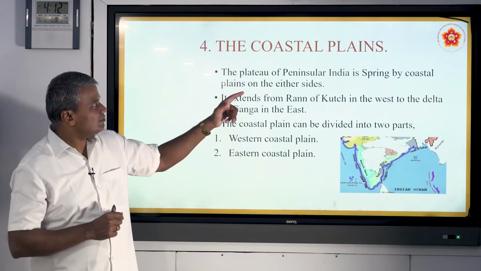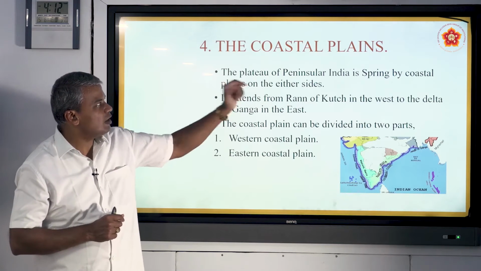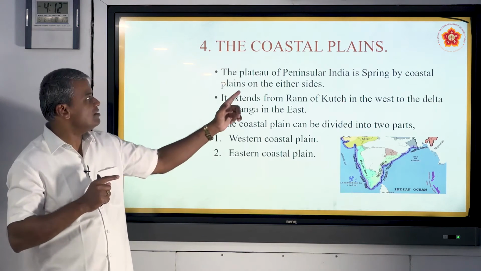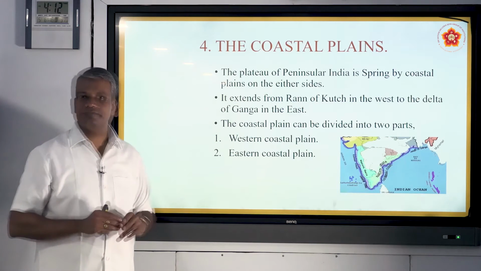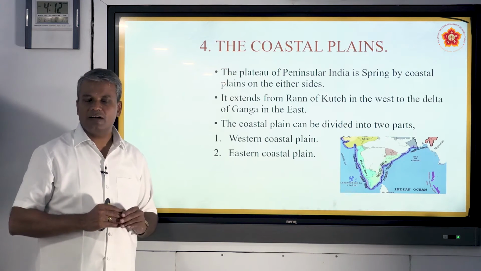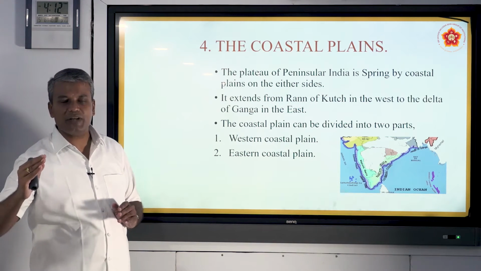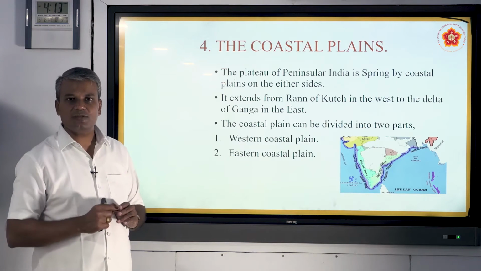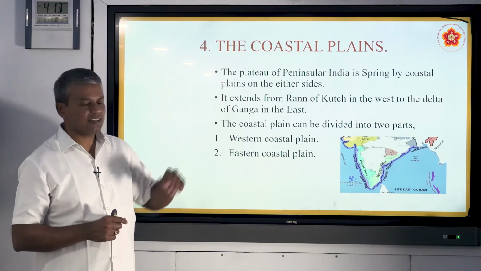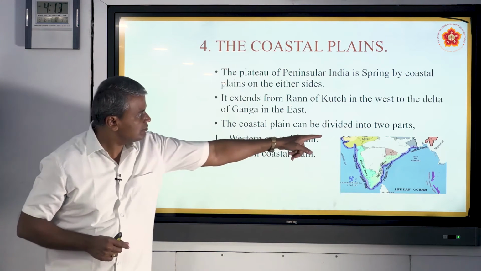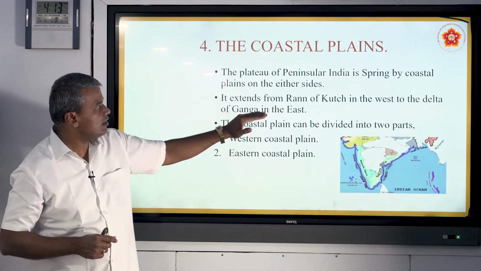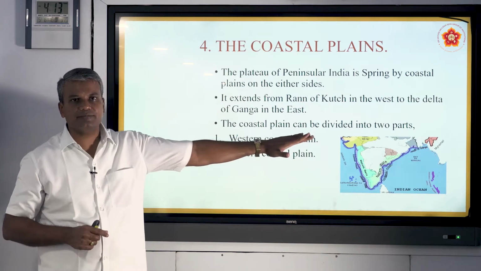So, the plateau of peninsular India is flanked by coastal plains on either side. Towards the west of that is called the west coastal plain, towards the east of that peninsular plateau is called the eastern coastal plain. So, it extends from the Rann of Kutch in the west to the delta of Ganga in the east.